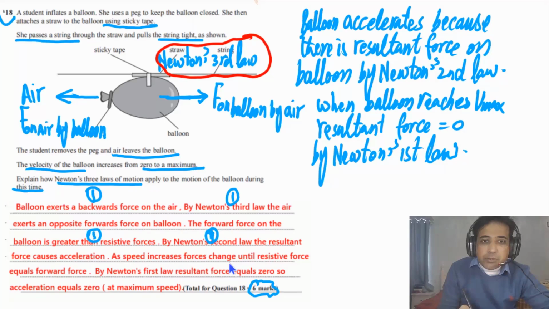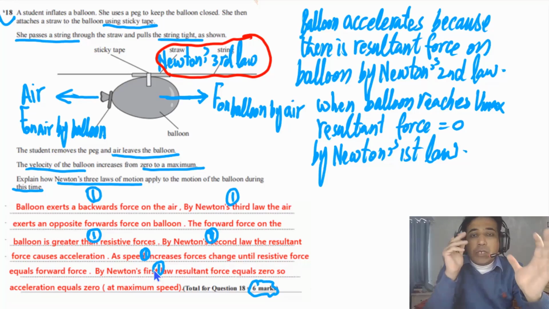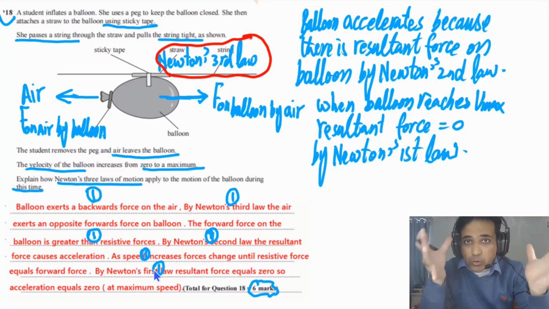As speed increases, forces change until resistive force equals forward force, you will get another mark, means you will get 5 marks. And the last mark is, if you have written by Newton's first law, resultant force equals 0, so acceleration equals 0 at maximum speed, so you will get the last mark. So this is how 6 marks will be awarded to you.